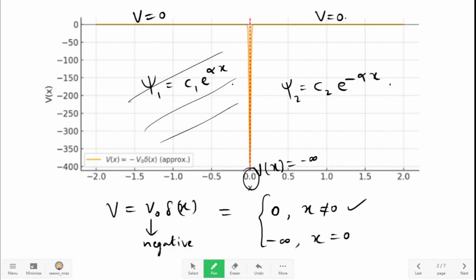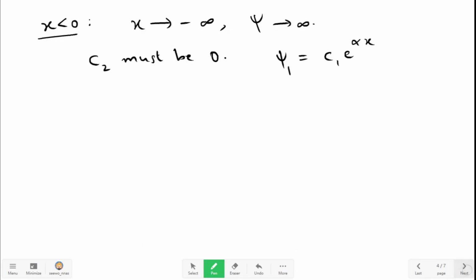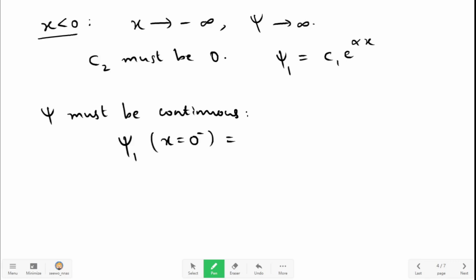Now there is a property of wave function that it must be continuous at all points. Therefore, from the property of continuity, psi must be continuous at all points. We say that psi1 at x equal to 0 minus must be equal to psi2 at x equal to 0 plus.